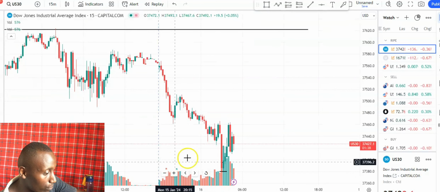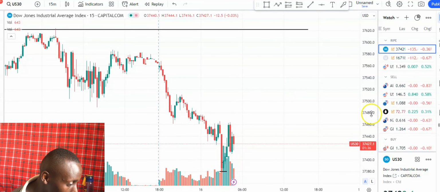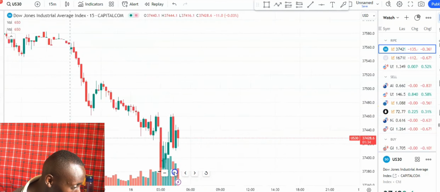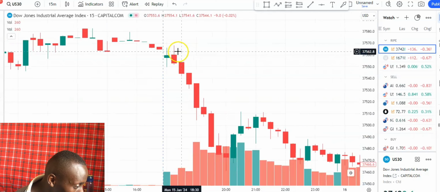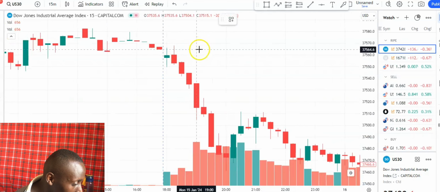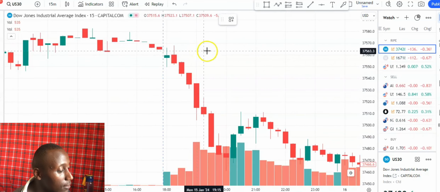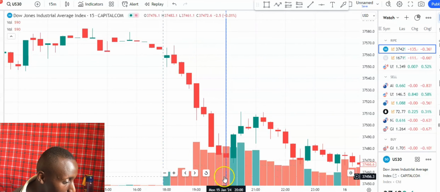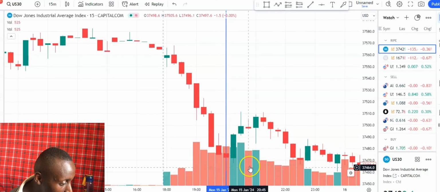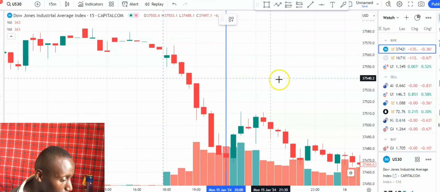Look at from 20, so we have the Asian session beginning at 8, so that is 20. So look at, this is when we have an influx in volume from 20 to 23.